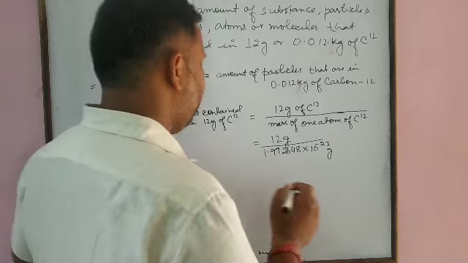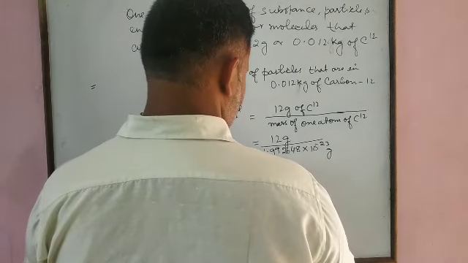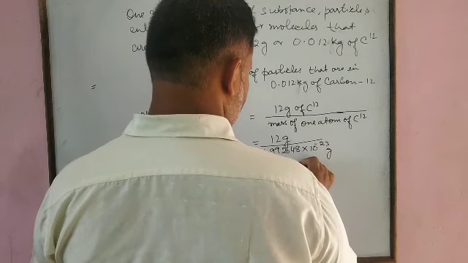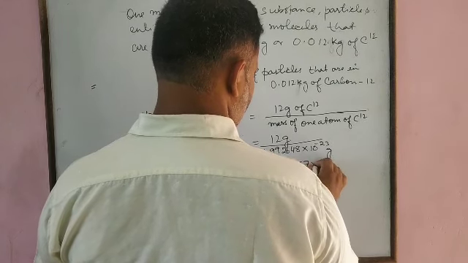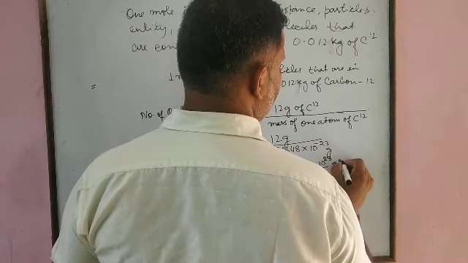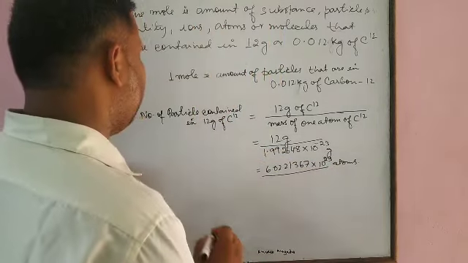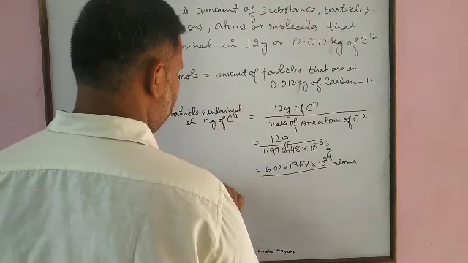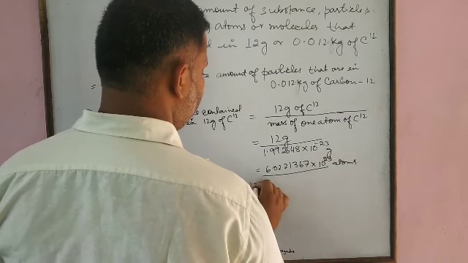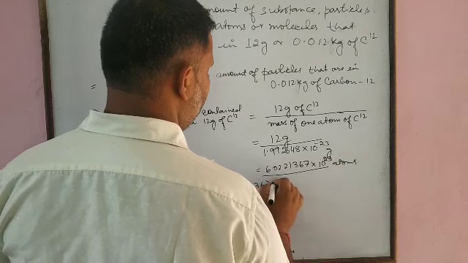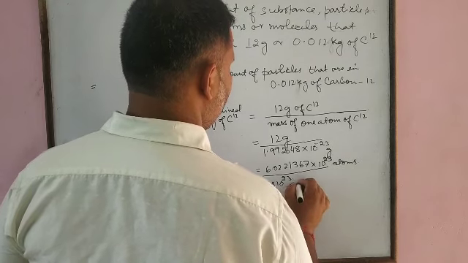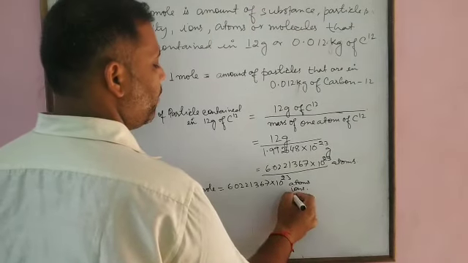When we divide it, what we got? We got 6.0221367 into 10 to the power 23 atoms. It means 1 mole is equal to 6.0221367 into 10 to the power 23 atoms, ions, particles.